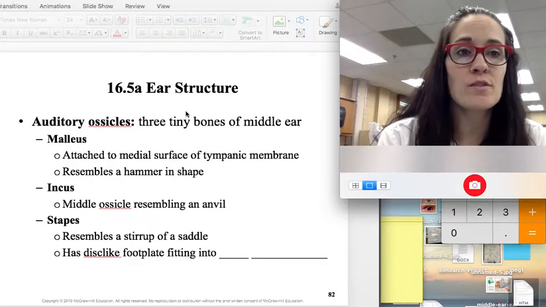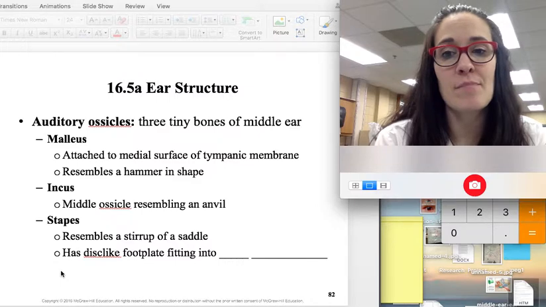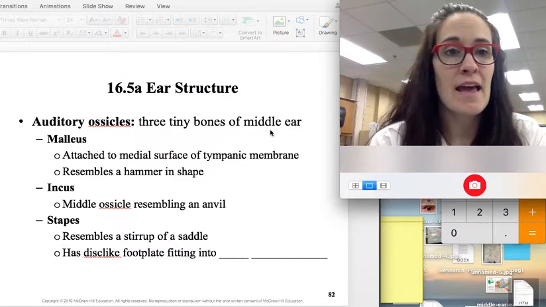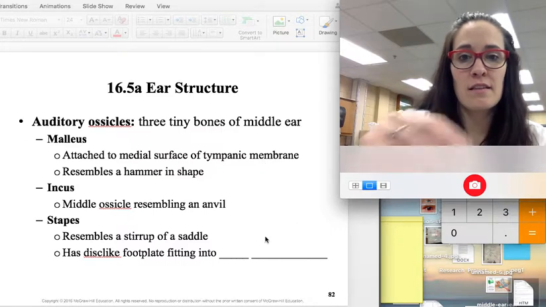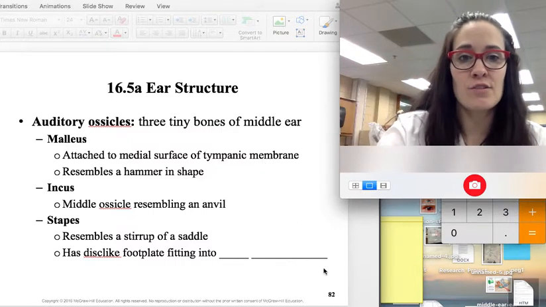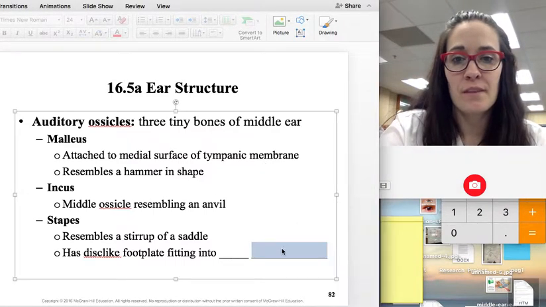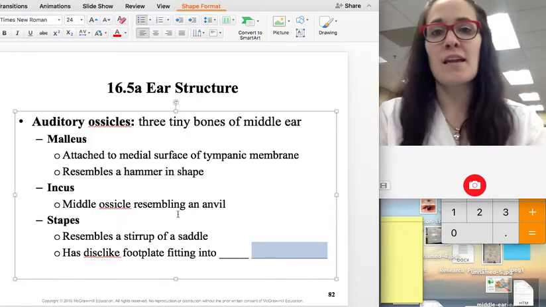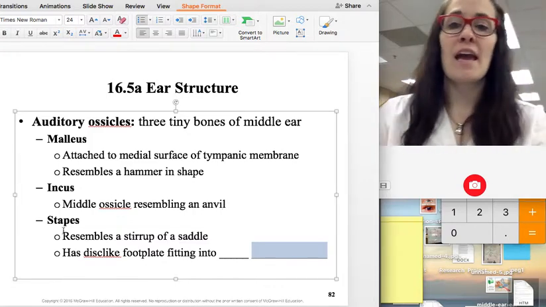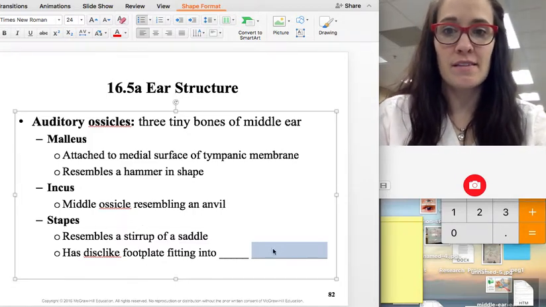The ear bones are called the malleus, incus, and stapes, MIS, and the job of these bones is to concentrate the sound waves into the inner ear. So the malleus is nicknamed the hammer. It passes the sound waves to the incus, and its nickname is the anvil, and it passes the sound waves to the stapes.